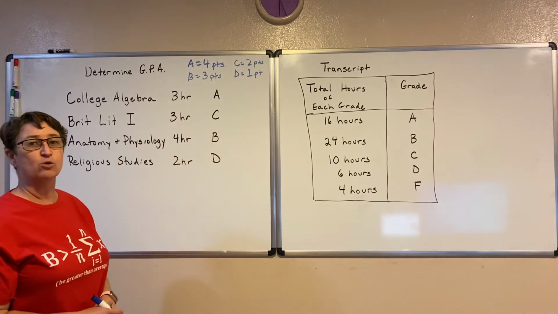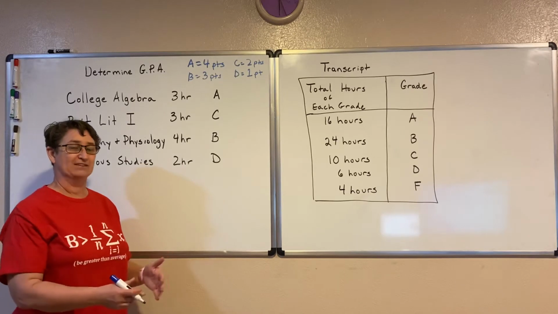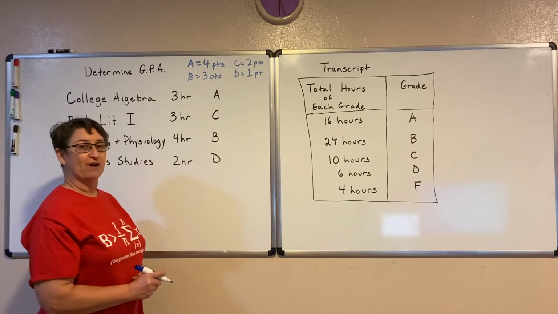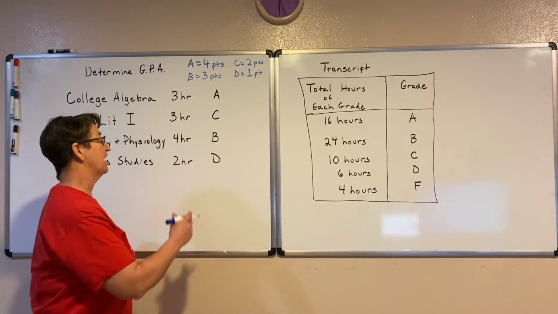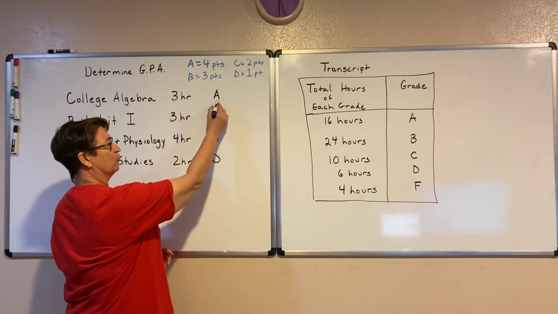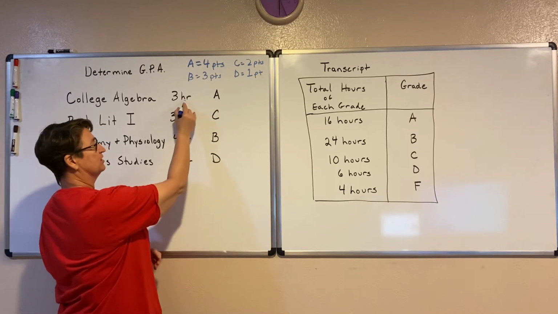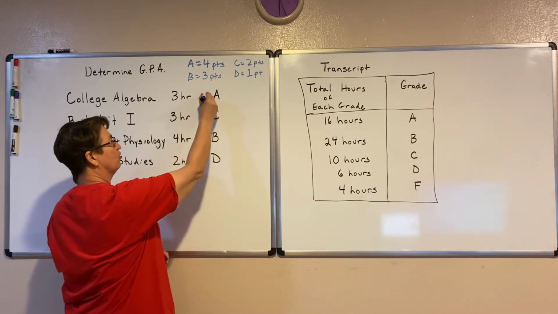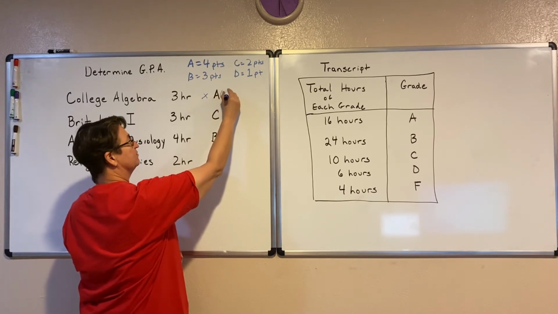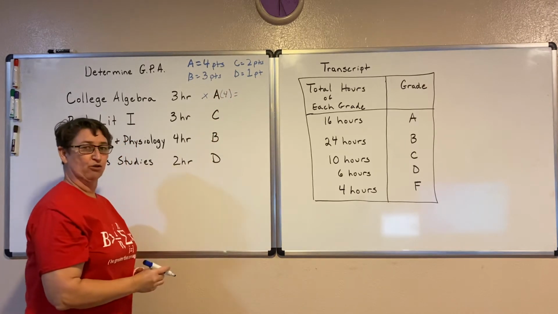So the more hours the class is, the more weight that grade has towards your GPA. So the way that we find our GPA is to take the number of hours for each one of our grades. In this case, I'm going to take my 3 hours and multiply it times the 4 points that the A is worth.